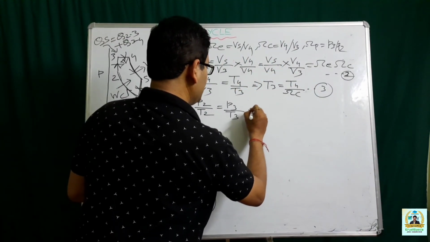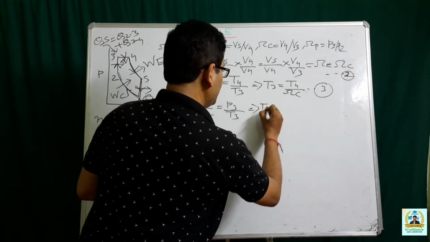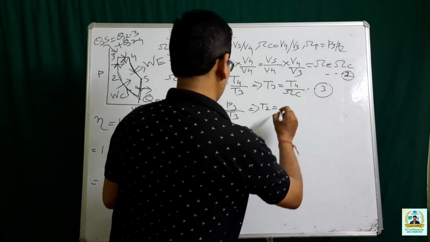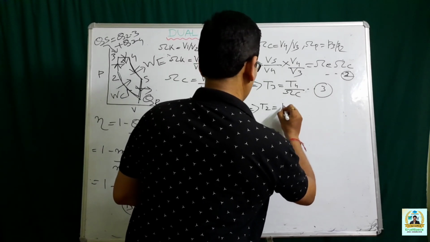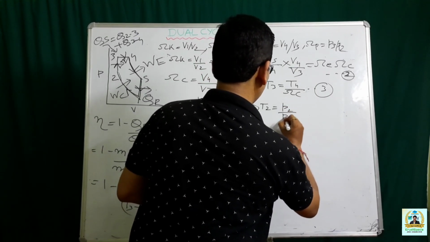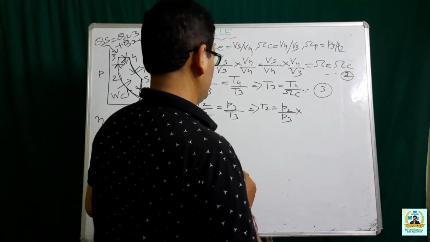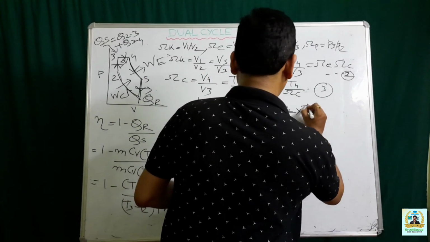So from this you get T2 is equal to P2 by P3 into T3.